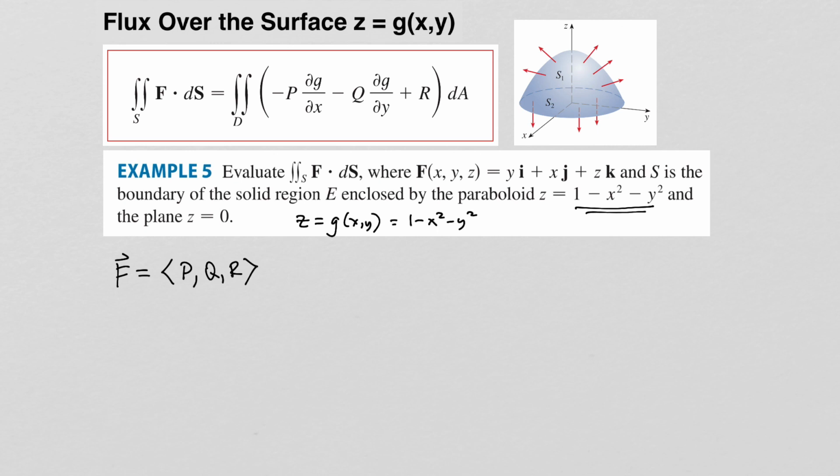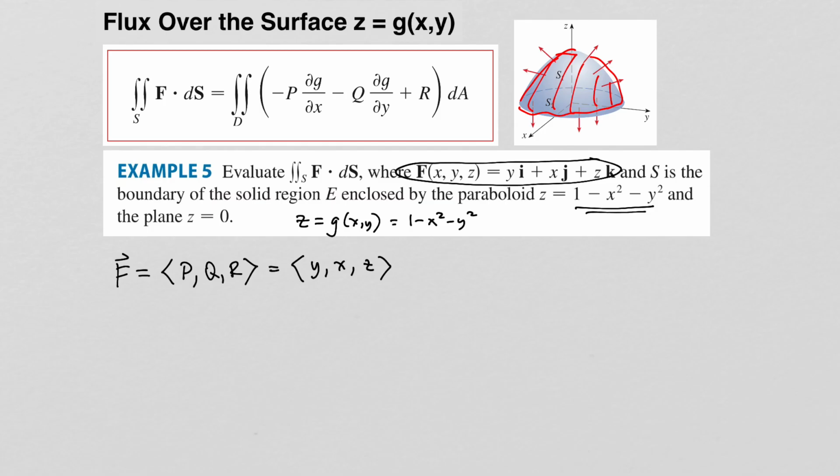That's what g is, at least on this part, S1, the part of the surface which we're going to do first. So for us, F is P, Q, R, which is y, x, and z, as defined over here. And on S1, we have the paraboloid z equals g of x y.